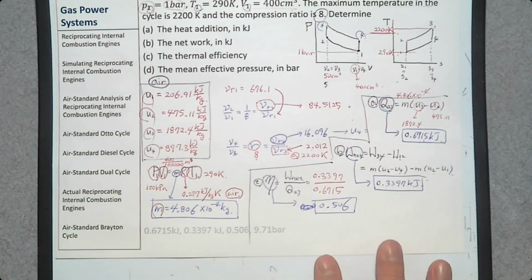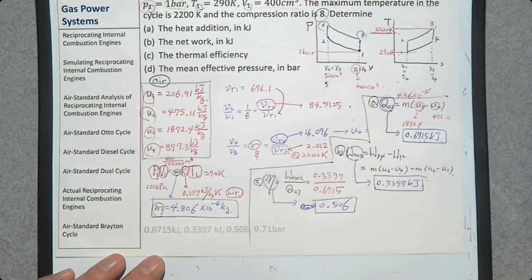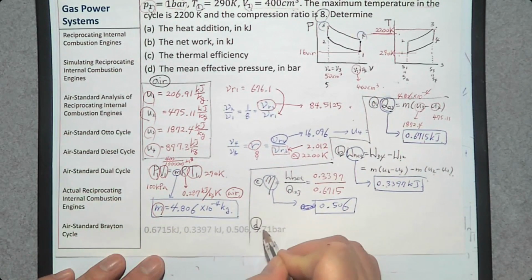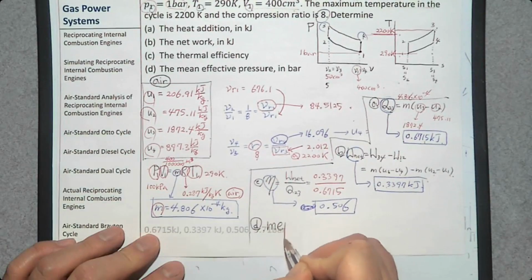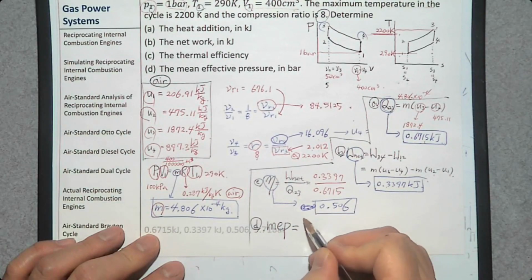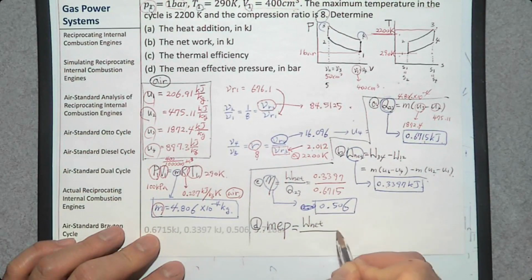So mean effective pressure, the equation is mean effective pressure can be determined by net work divided by V1 minus V2.